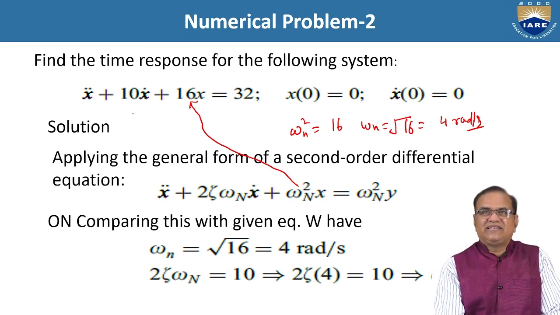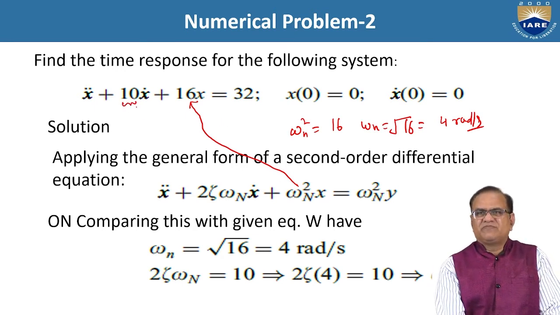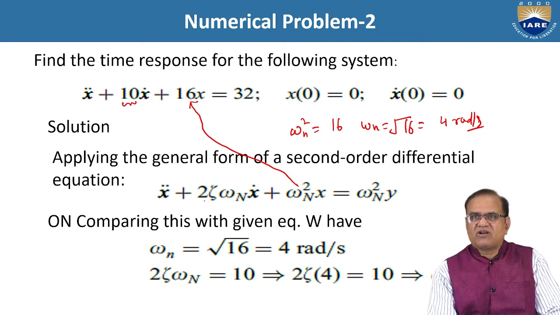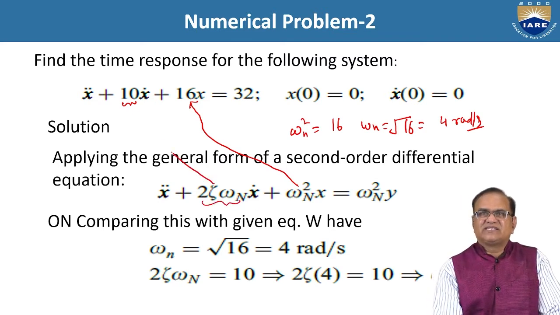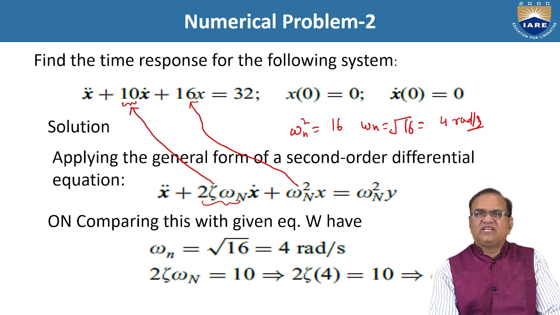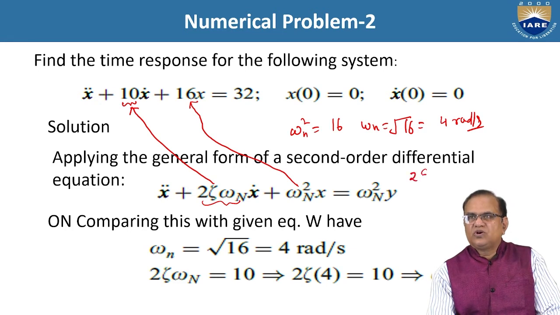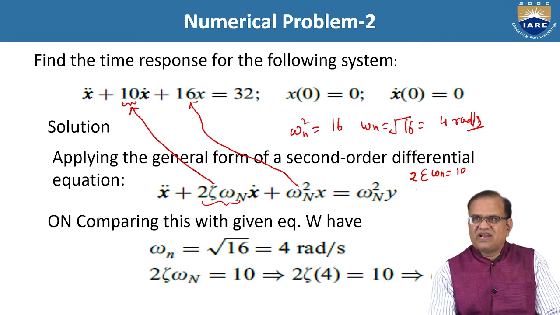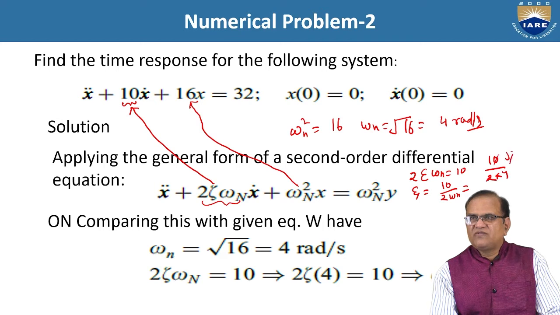Now we have to see this parameter. So we have to compare this with this and this. Here we got 2 zeta omega n is equal to 10. So zeta is equal to 10 by 2 omega n, so 10 by 2 into 4. So it is 5 by 4.